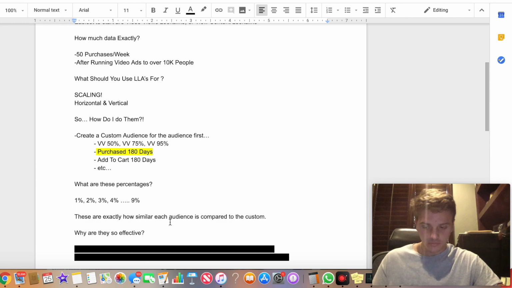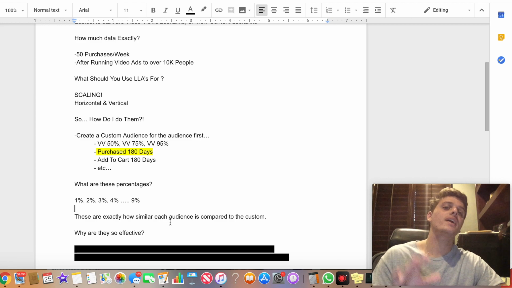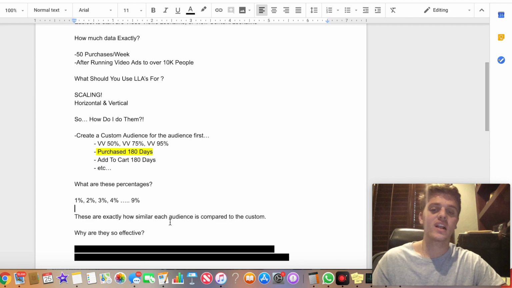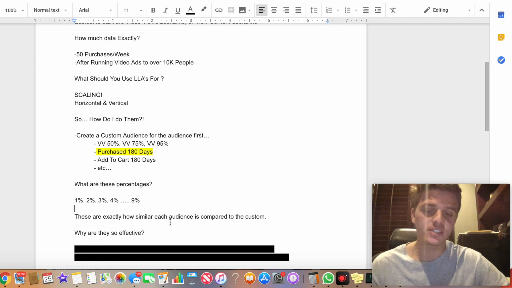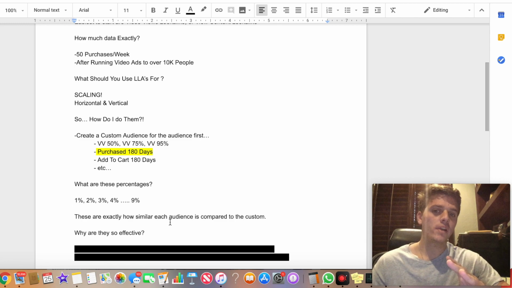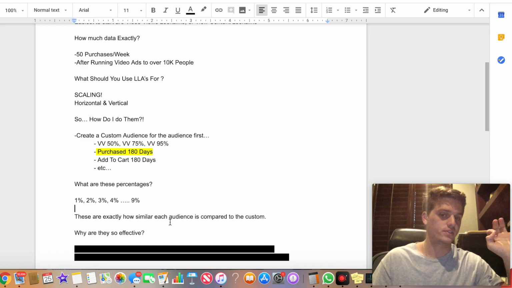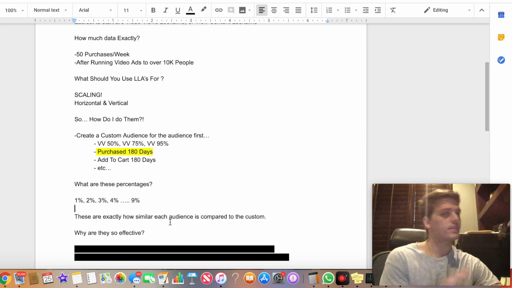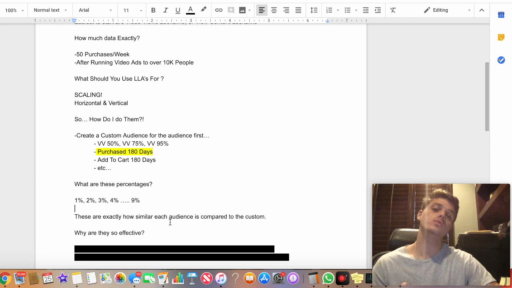So it ranges. And one thing I also want to throw out there is, based on my experience, 1, 2, 3% are not always the ones that are the winners. A lot of people think that it's only going to really be effective for 1, 2, 3%.